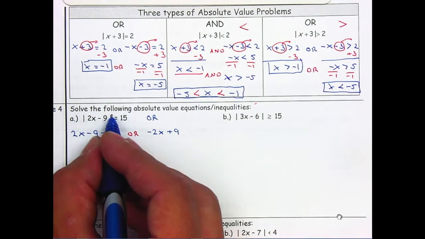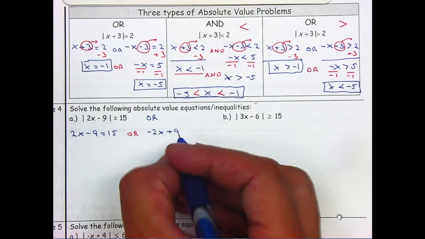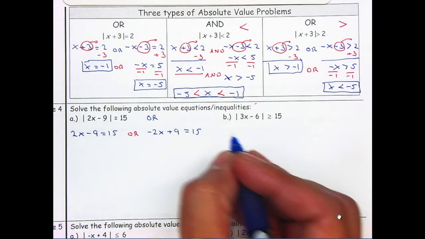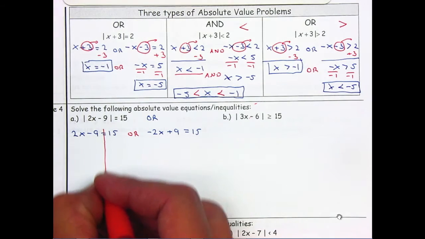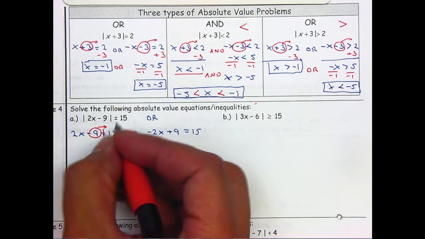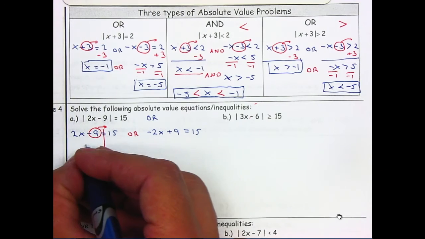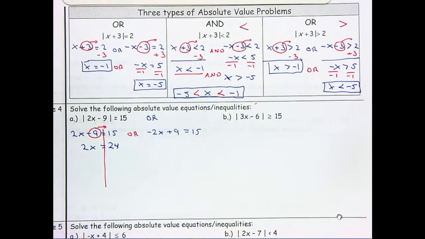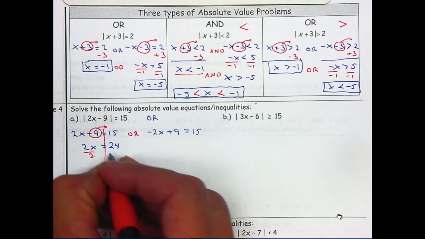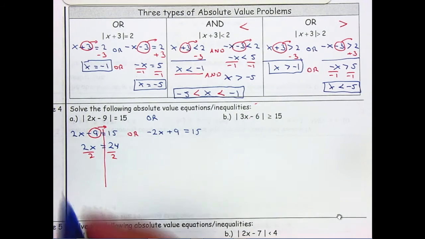Whatever's inside the absolute value has to be the opposite. It's equal to 15. And from here I just solve the equation. I'm now going to move my 9 to the right, becomes a positive 9. That'll give me 2x is equal to 24. I'm going to divide by 2. X is equal to 12.